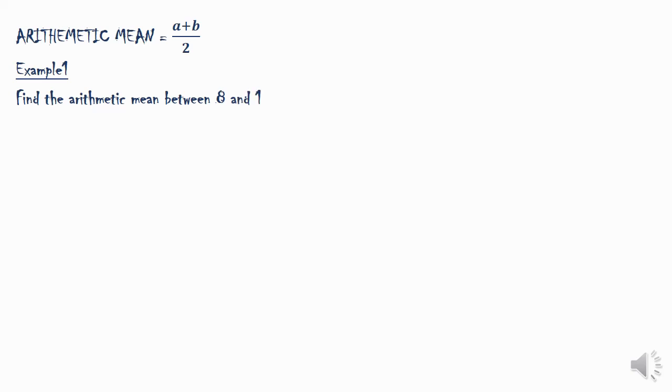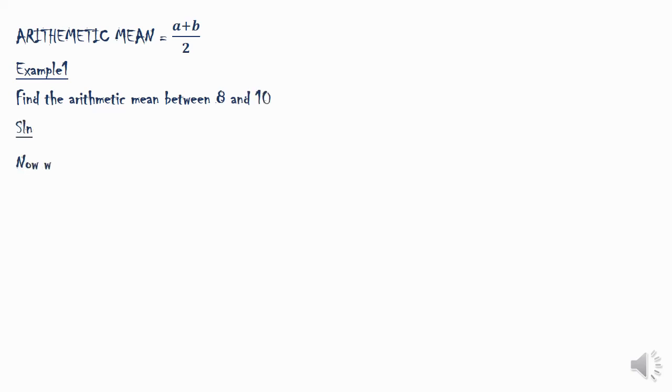Okay, arithmetic mean. Arithmetic mean is given by a plus b over 2. Arithmetic mean kanuni yake ni ile pale. Formula for finding arithmetic mean. For example, find the arithmetic mean between 8 and 10.